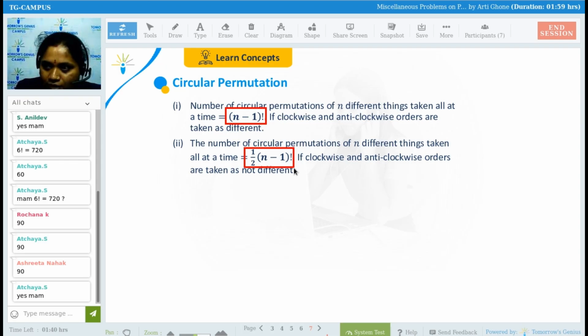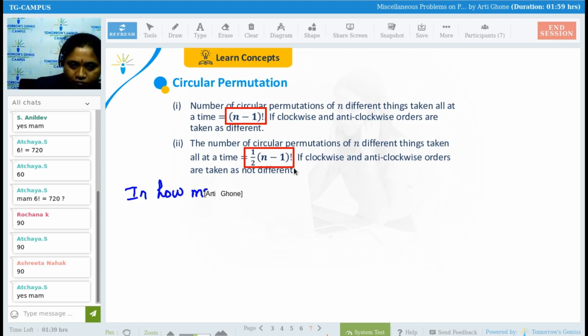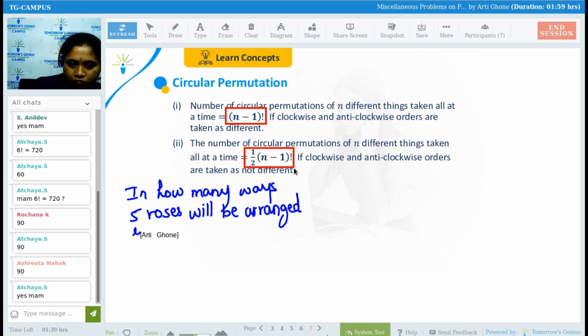So how many ways? Give me a simple answer. In how many ways can the 5 roses be arranged in a garden? Quickly.